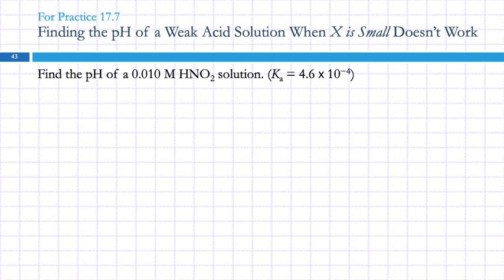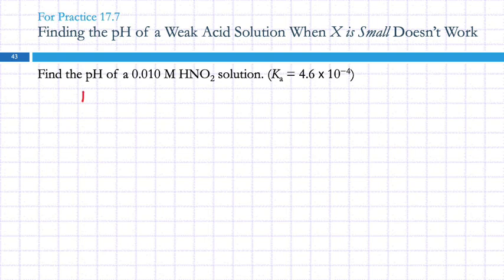So, we already inadvertently practiced doing that on the last 2 problems. It's okay. So here we've got HNO2. Do you want to use HNO2 or do you want to use HA? Anybody care? You'd rather have HNO2? Okay.